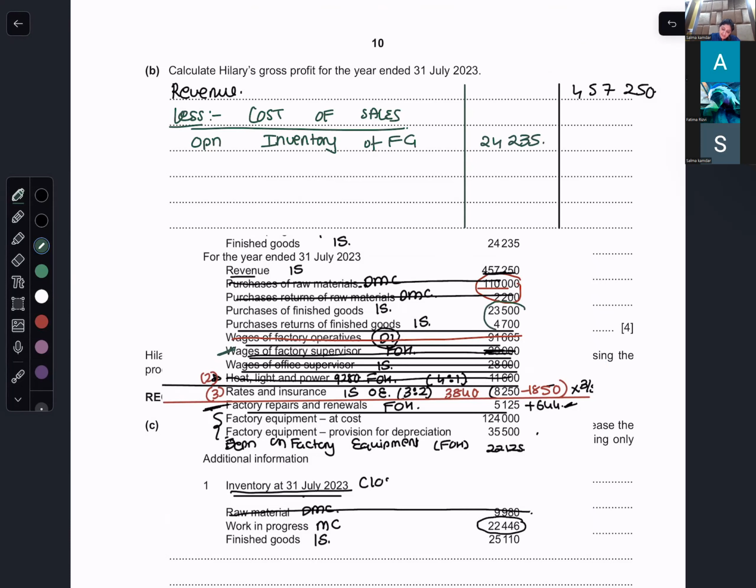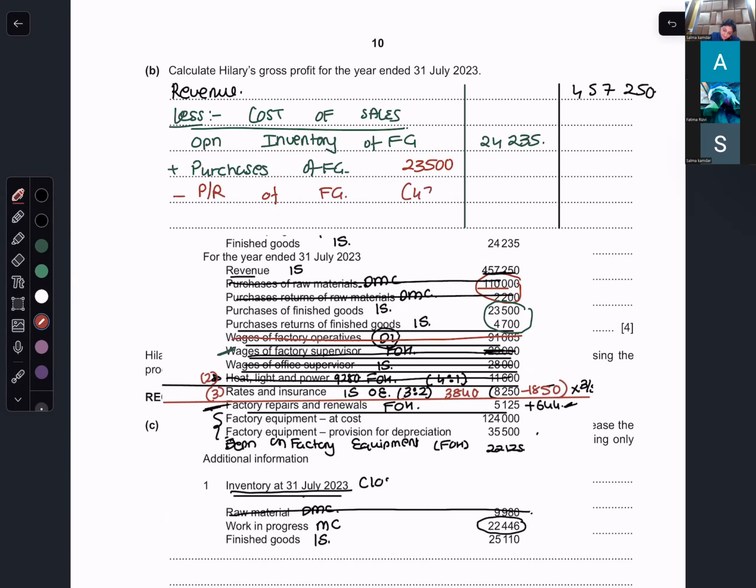We have purchases and purchase return of finished goods. So we will add purchases of finished goods. Everything related to finished goods, which column will we do the adjustment in? In the first column, inner to inner. 23,500 minus purchase return of finished goods.